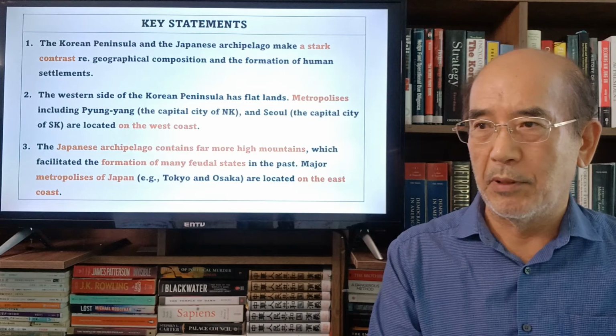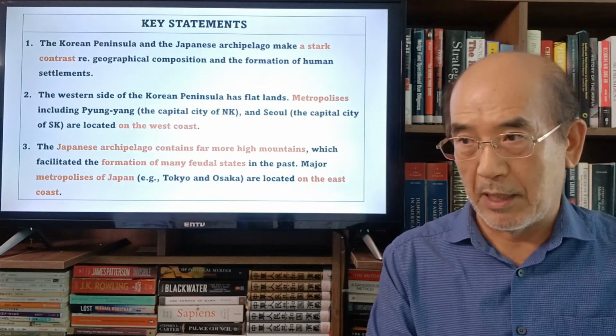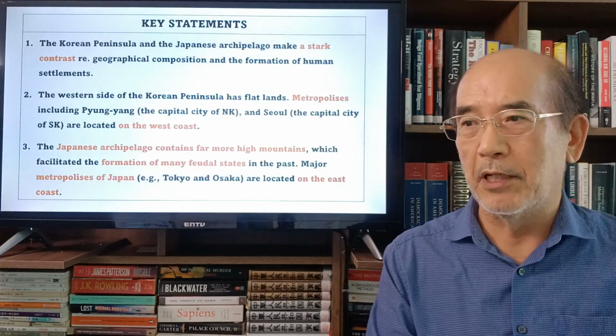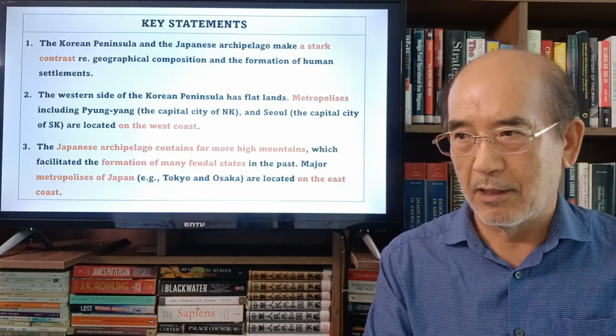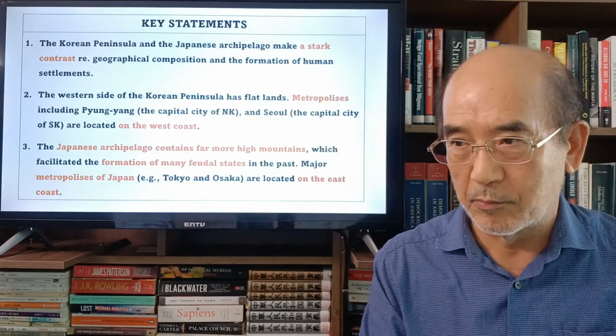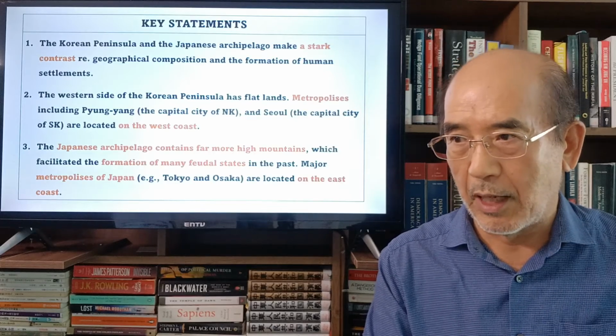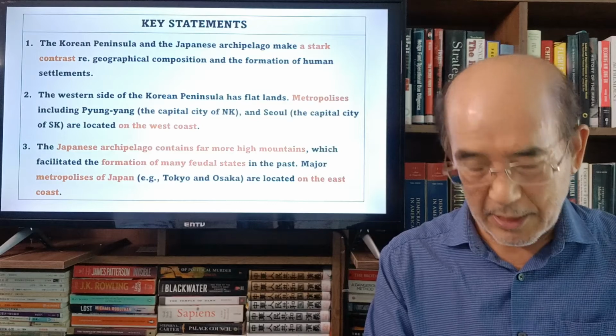And the Japanese archipelago contains far more high mountains, which facilitated the formation of many feudal states in the past. Major metropolises of Japan, for example, Tokyo, Osaka, and Kyoto, are located on the east coast.